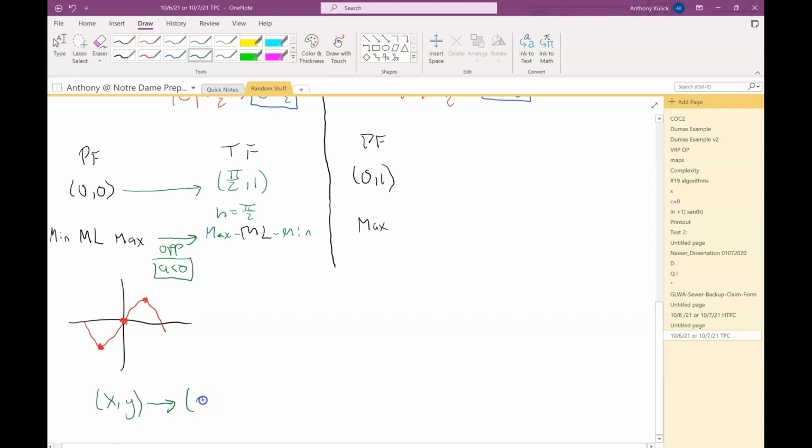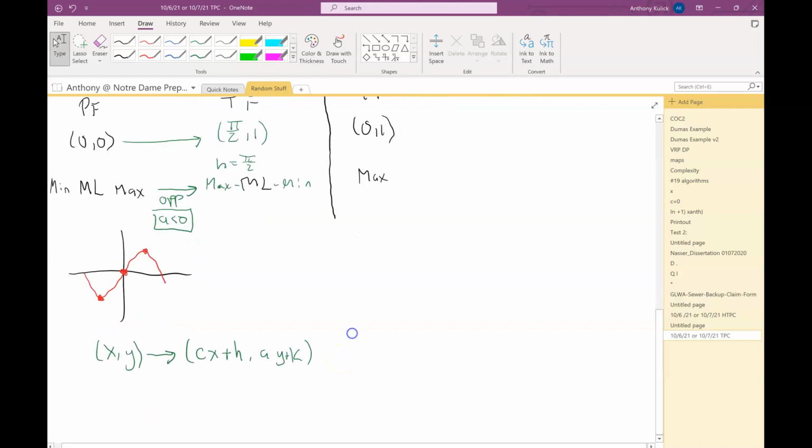So you remember that when we graphed, we had this transformation map. What this says is this is how I take a point from the parent function and turn it into a point in the transformed function. So I know that C times x from the parent function plus h should equal x from the transformed function.